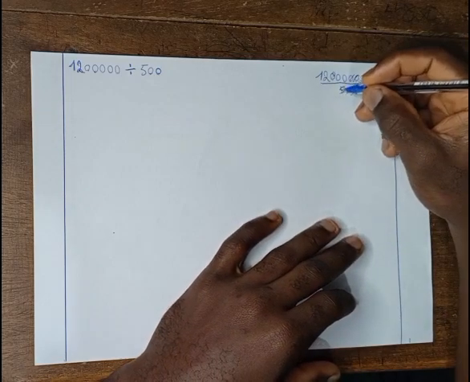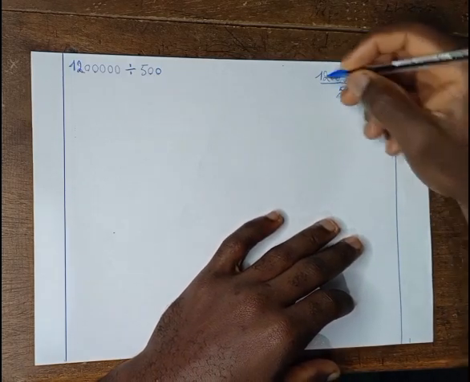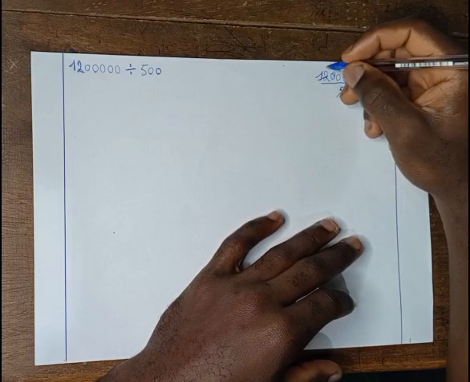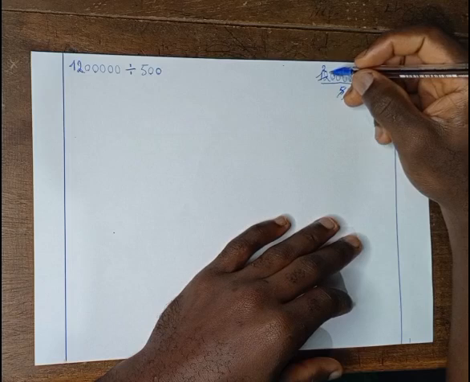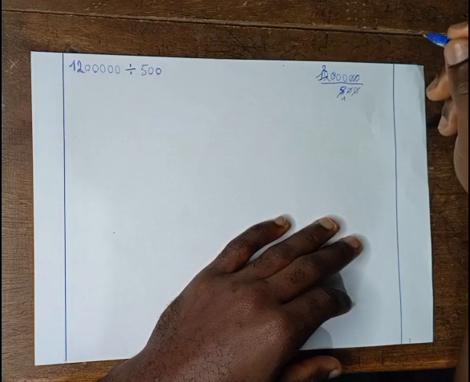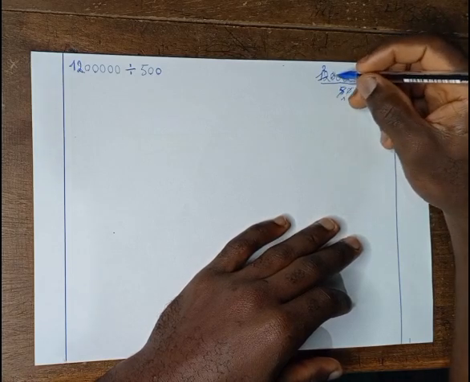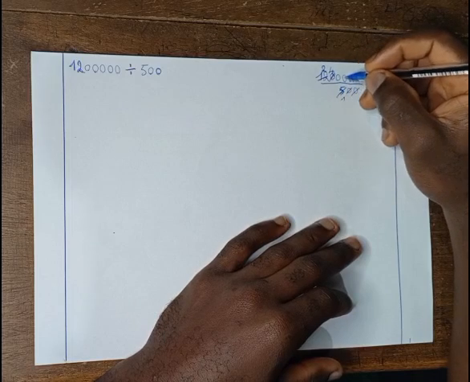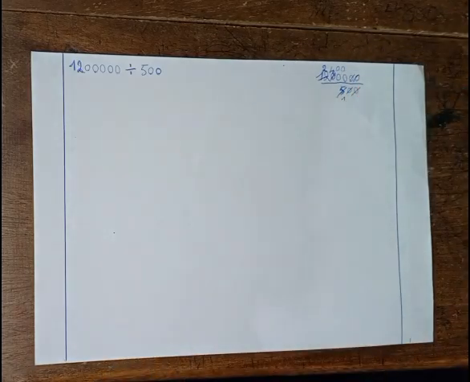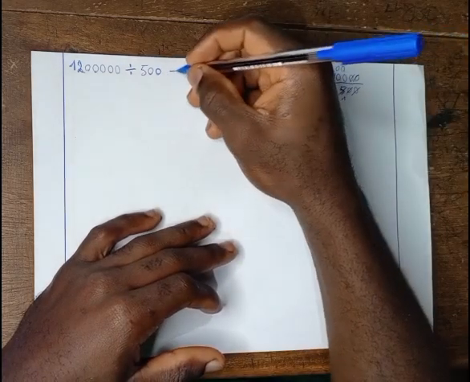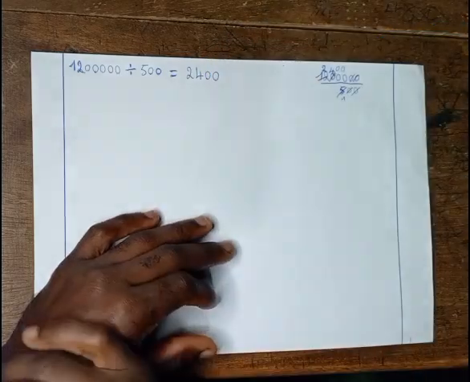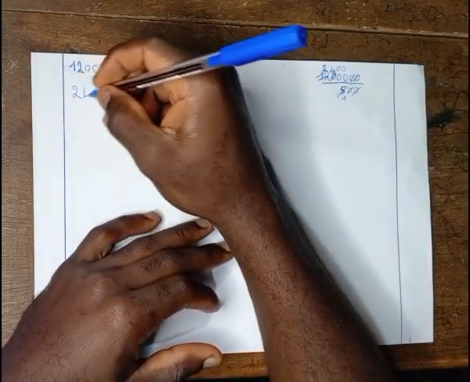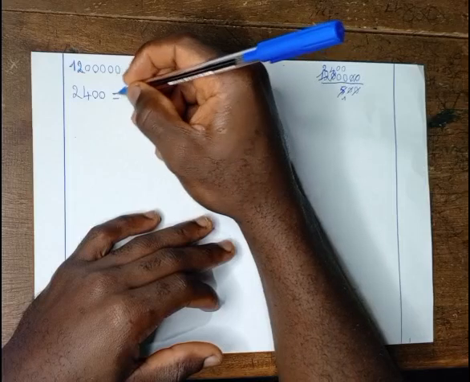Next, 5 will go into 12, 2 times, remainder 2. The 2 which is left as a remainder, we are going to attach this 0 to it to form the number 20. 5 will go into 20 4 times, so we copy these two zeros up. So this will simply give us 2,400.